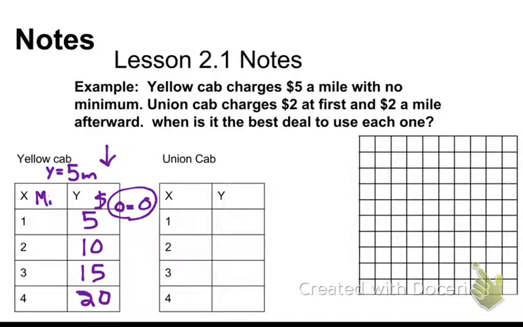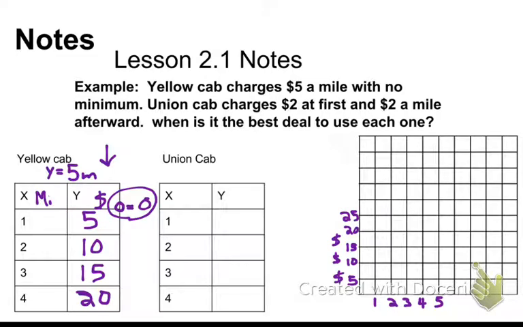So I know when I graph my Yellow Cab, and I'm going to set these apart here where I've got 1 mile, 2 miles, 3 miles, 4 miles, 5 miles, and how about $5 and $10 and $15 and $20 and $25.